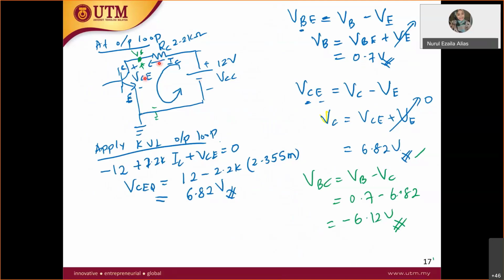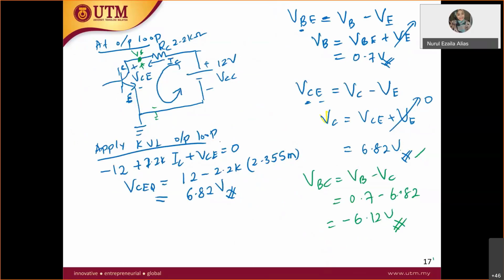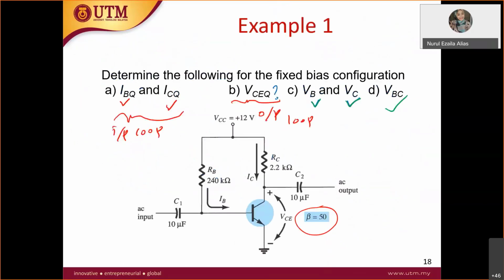Then you apply KVL. Negative 12 plus 2.2 kilo IC plus VCE equal to 0. Finally the objective is to find the output voltage, which is the VCE, equal to 12 minus 2.2 kilo IC. Where did you get this IC? It is from here.